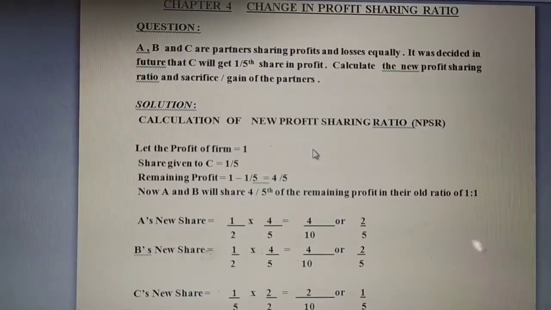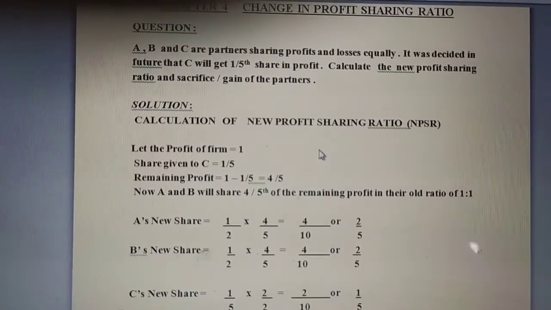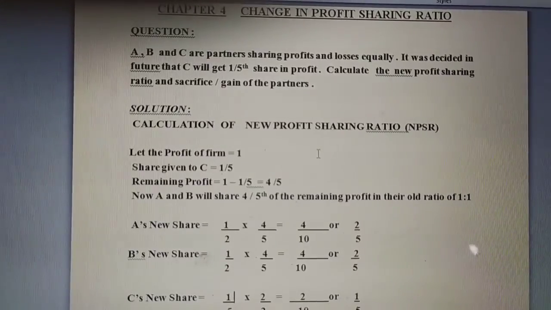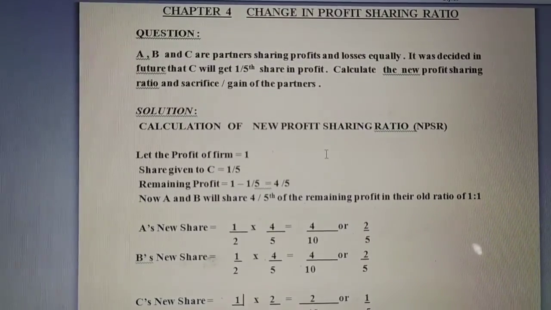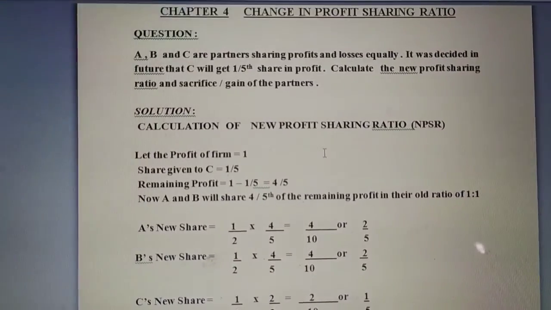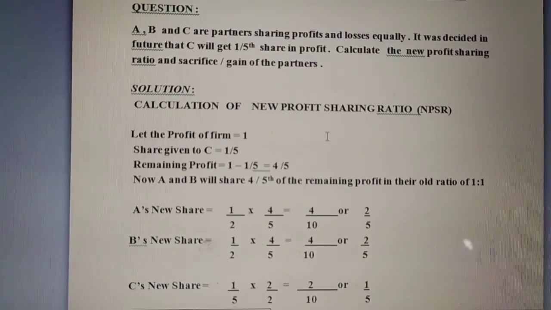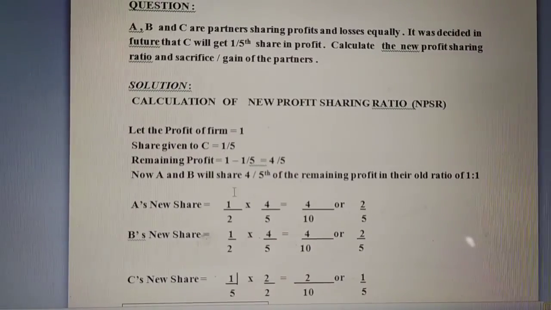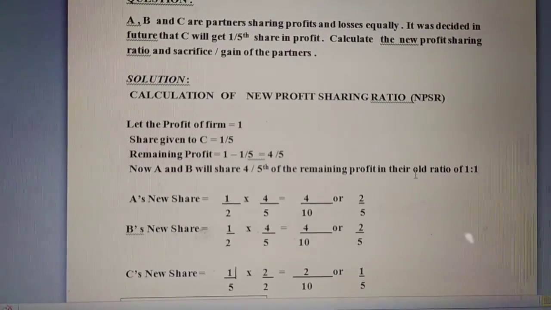So our old ratio was 1:1:1. If you remove the share of C, you will get 1:1 only. So that was the old share of A and B. The remaining share, which is 4/5, will be distributed between A and B in their old ratio.